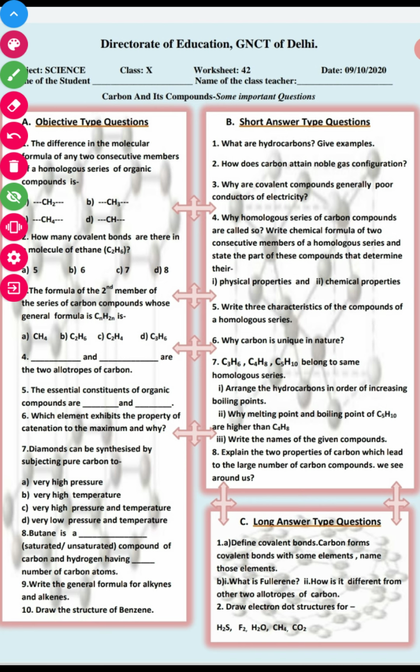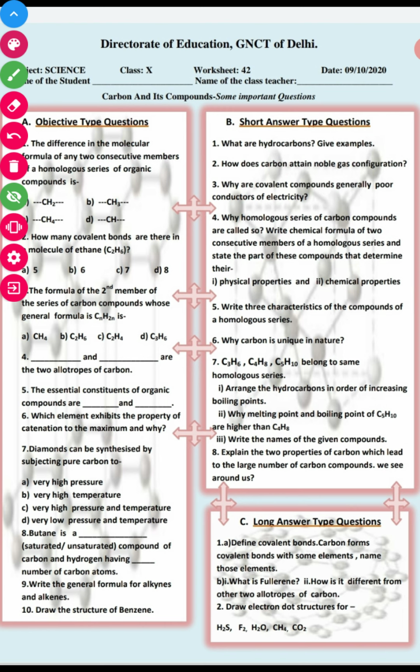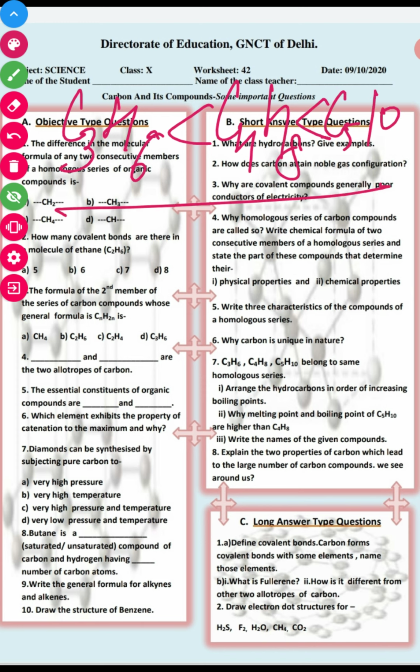And arrange the hydrocarbons in order of increasing boiling point. For increasing boiling point, the first compound we have is C3H6, then C4H8, then C5H10, like this.